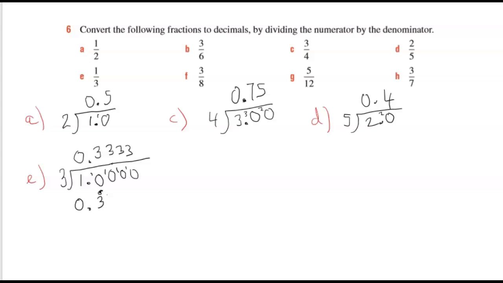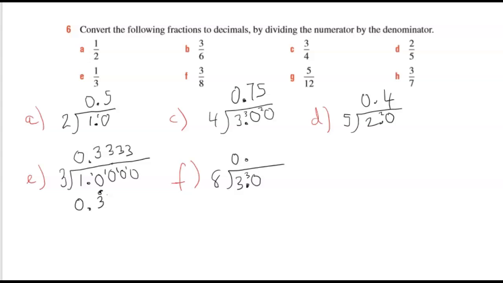All right, let's do F. Okay, so we're doing 8 goes into 3. So we go 0, add your 0. So we've got 8 into 30.